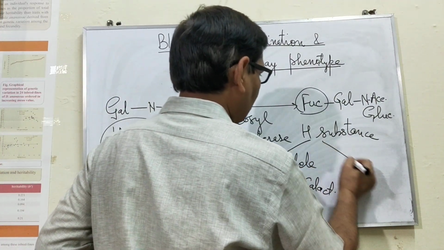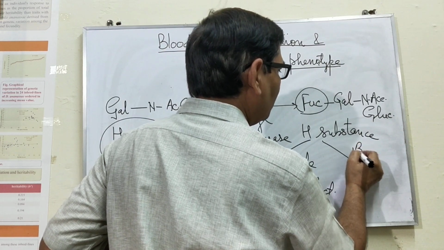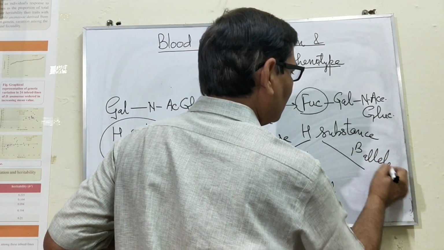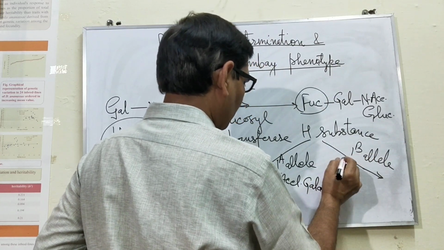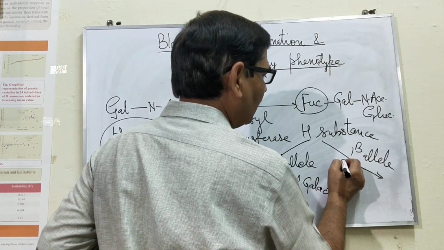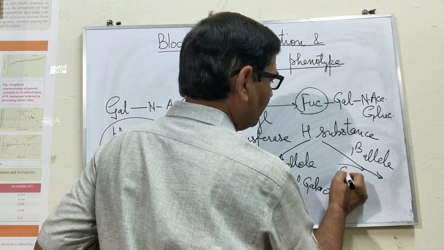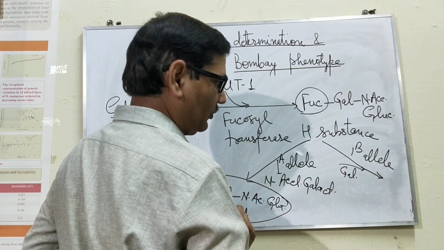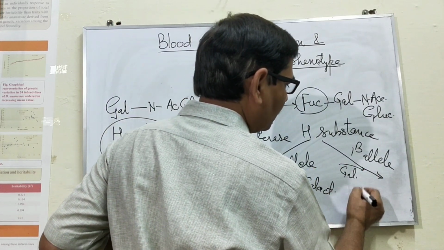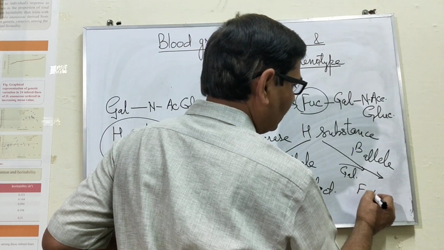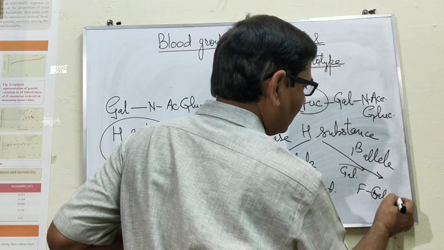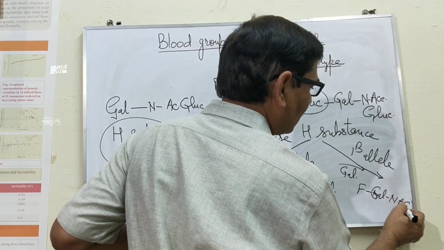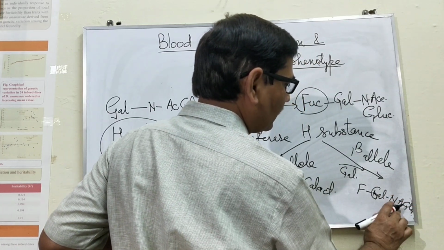Whereas in the presence of IB allele, what will happen? IB allele will help the addition of galactose. So one will have this fucose plus galactose plus N-acetyl glucosamine, that is already there, H substance.